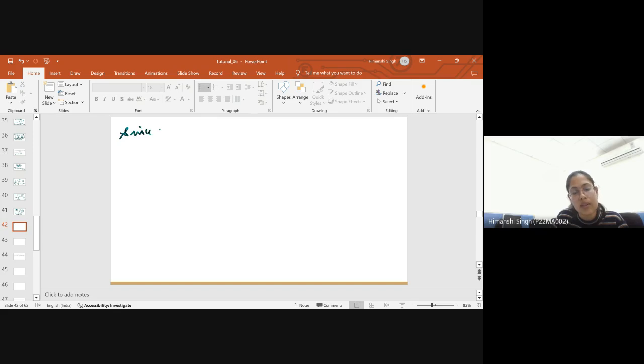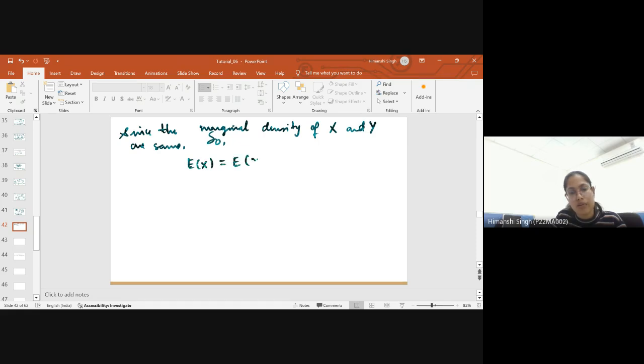Since the marginal densities of x and y are the same, the expected value of x will be equal to the expected value of y, and also the variance of x will be equal to the variance of y.